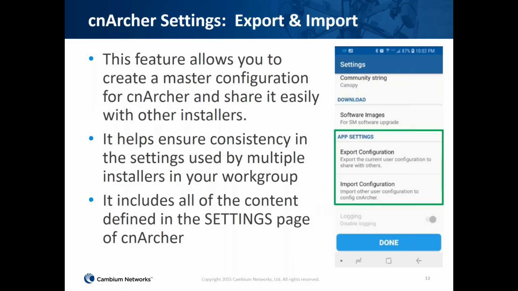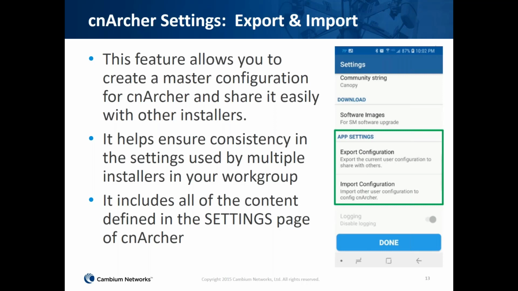In cnArcher, when you're first getting started, there are a number of settings that typically would be common amongst installers. So things like the cnMaestro URL, your channel scan list, possibly your WPA or any sort of security credentials, AAA settings.